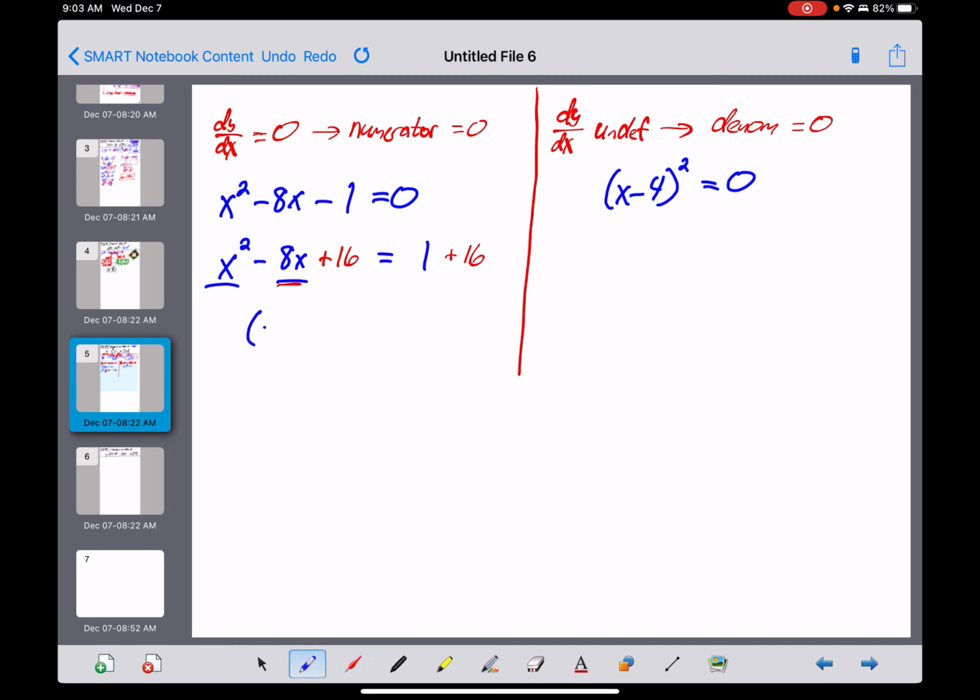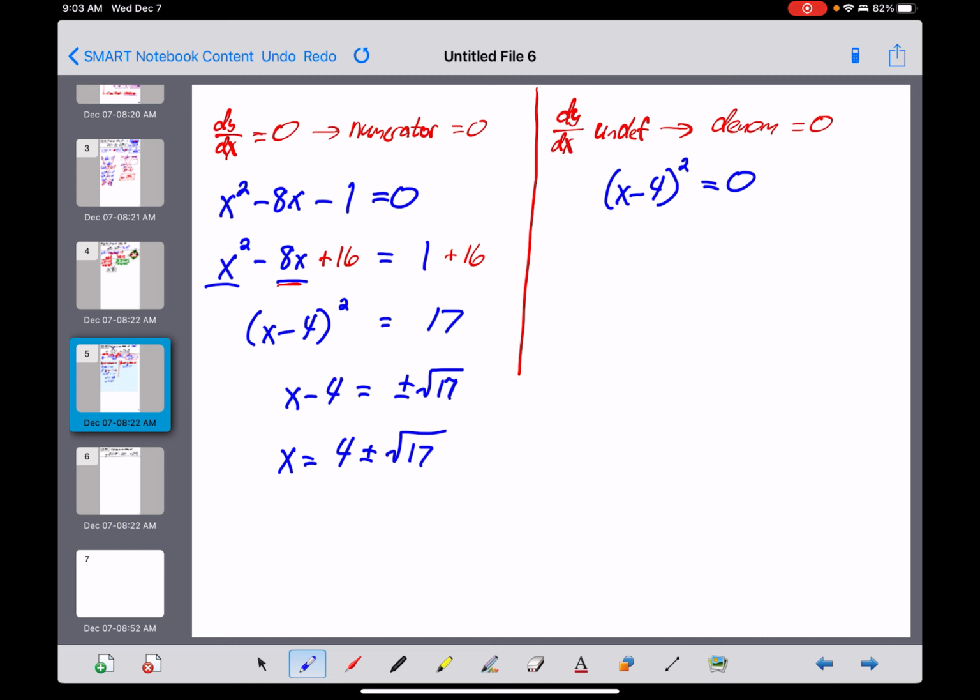My left side is now x minus 4 quantity squared. My right side is now 17. I take the square root of both sides. x minus 4 is equal to plus or minus root 17, and then I add 4. Okay, so x is going to be 4 plus or minus the square root of 17.